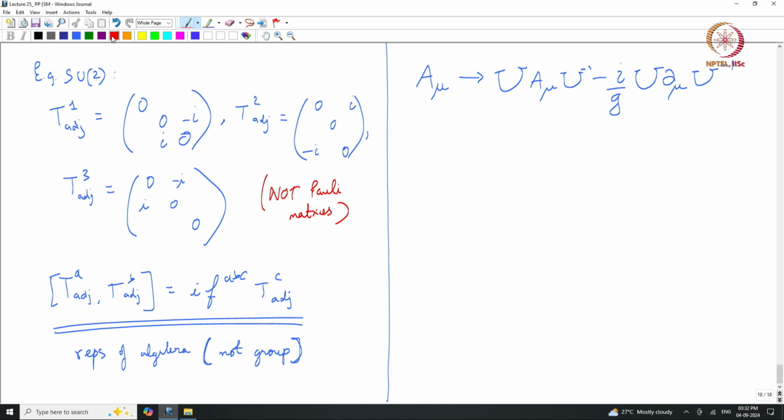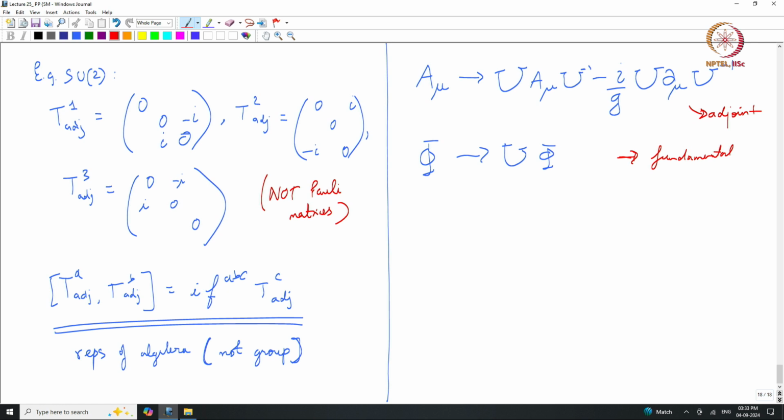Let's just write down that's the adjoint transformation, and to contrast that again, the simple fundamental transformation. So both of them have to work together for us to get a nice gauge invariant theory.